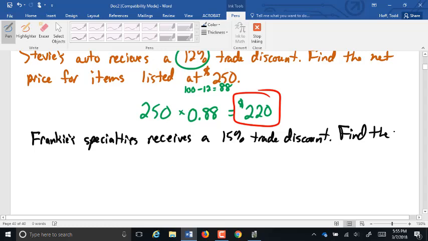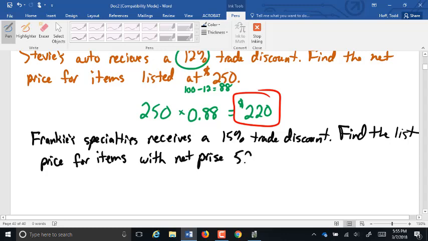Find the list price for items with net price of $5,270.